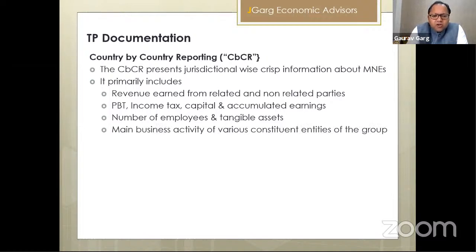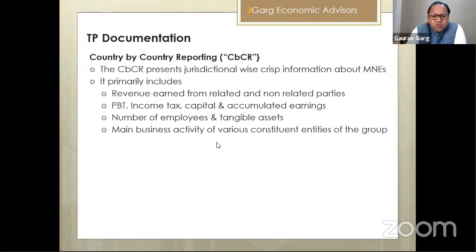So if I talk about these first three bullets, the format is in a table. It's a tabular format which is released by the OECD. For these three bullets, one needs to give the jurisdiction-wise data. So if in a jurisdiction you have more than one entity, we club all the entities and give the clubbed data, not data entity-wise, but data jurisdiction-wise.